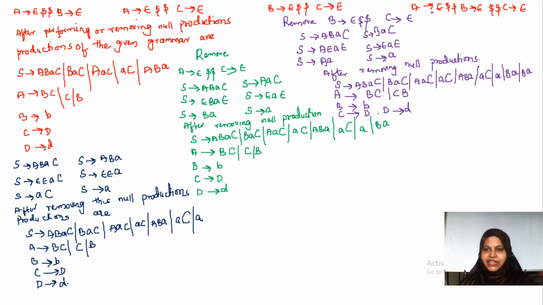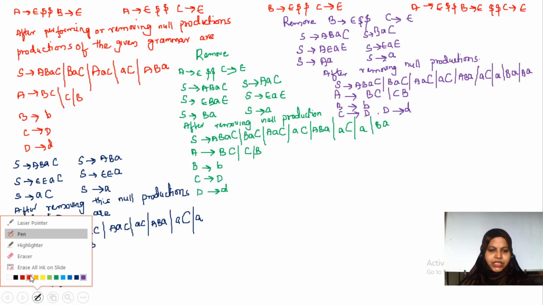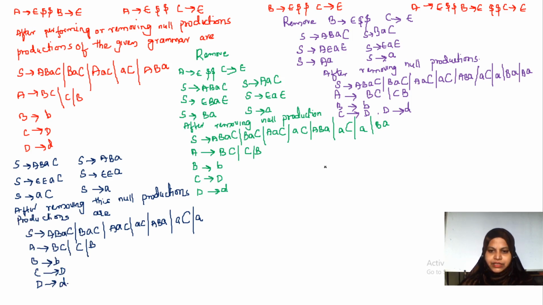Now we have to remove this one. How are we going to remove this one? Here I'll write: this is 1, this is 2, this is 3. Now I'm removing this 4.